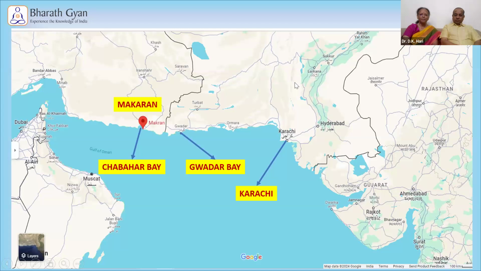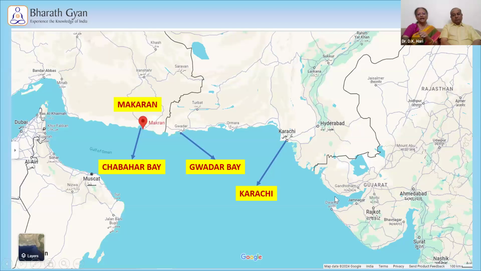Because Alexander comes up to this Punjab region, the Sutlej, and he's not able to get in further. But after that, he returns. When he returns, they break up into two teams and they write all this. We'll be looking at all this during the course. So one team goes along this Makaran coast by land, and another team sets sail along the Makaran coast.